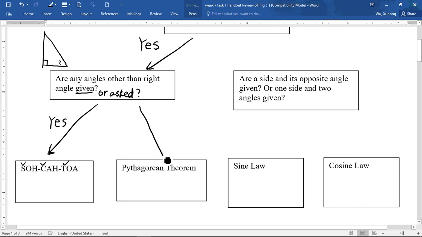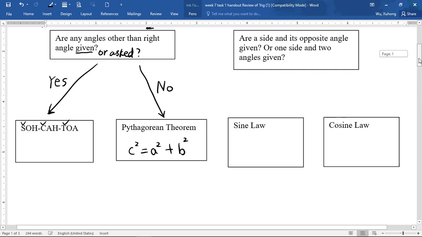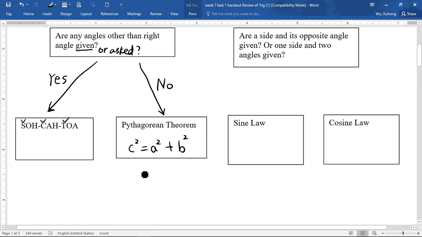And if the answer is no, okay, you don't have any angles and you are not solving any angles for a right angle triangle, then you use the Pythagorean theorem. So it's c squared equals a squared plus b squared. And be careful with this one, the c is not always the side opposite angle c. So this formula is corresponding to the 90 degrees being angle c, okay?